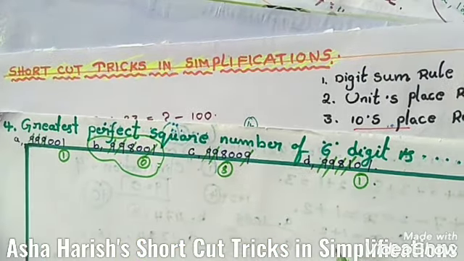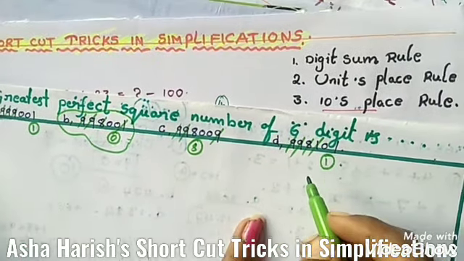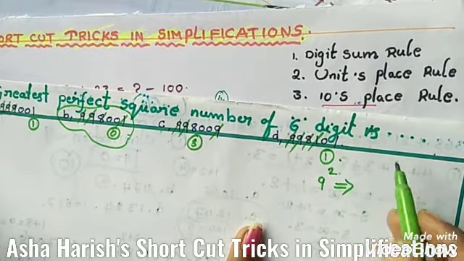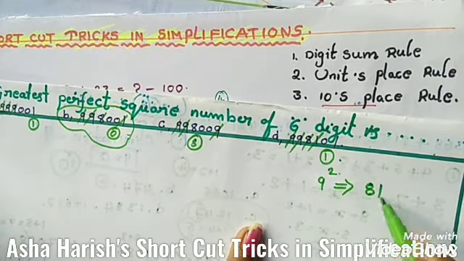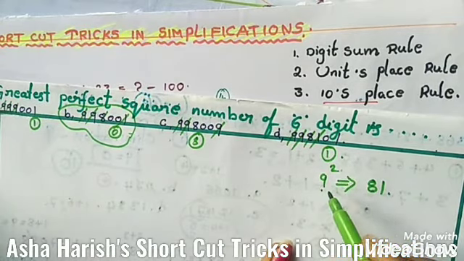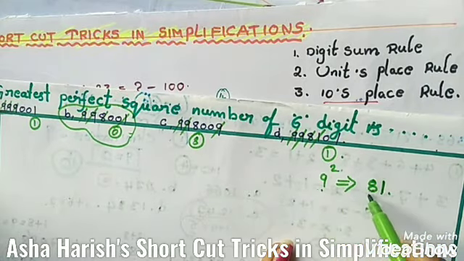And before going to do this, you have to remember, suppose 9 square is there, the answer, you know very well, 9 9s 81. Then a simple trick: here is only one digit, so simply you can write 1. This 1 can be subtracted from this 9, so 8.